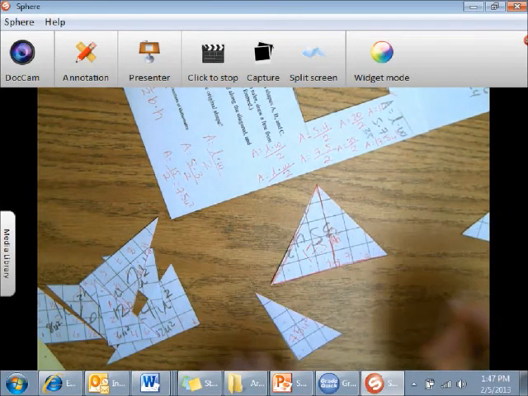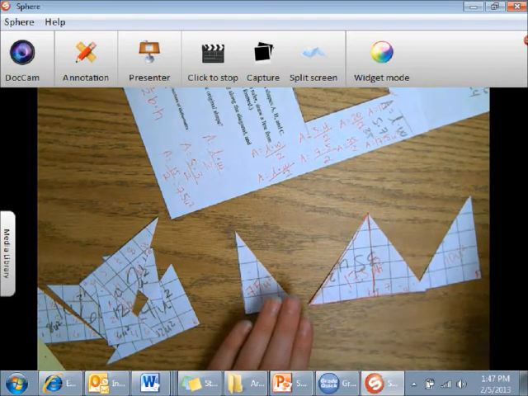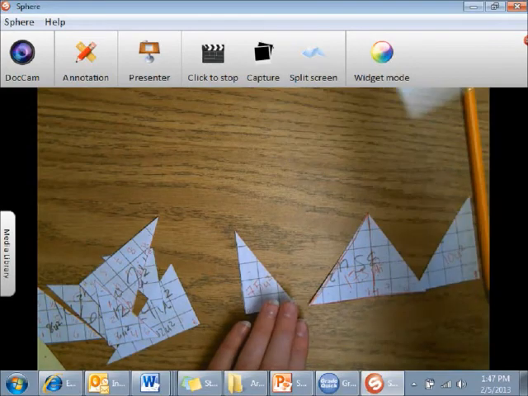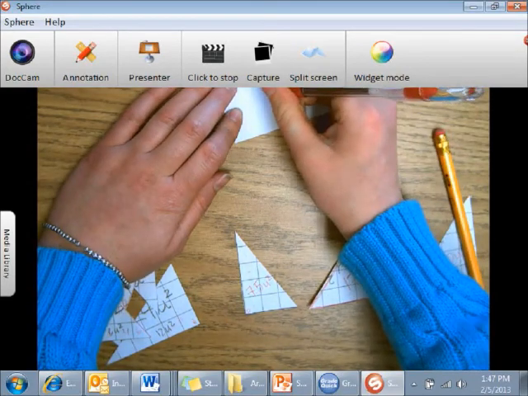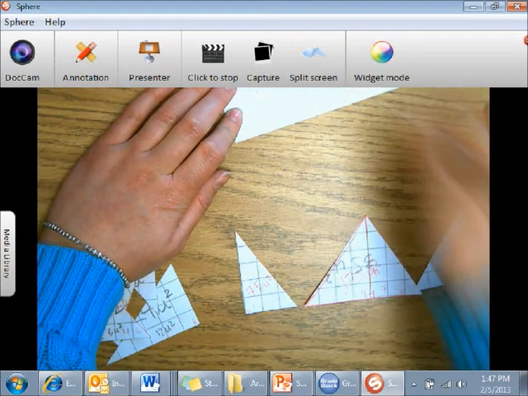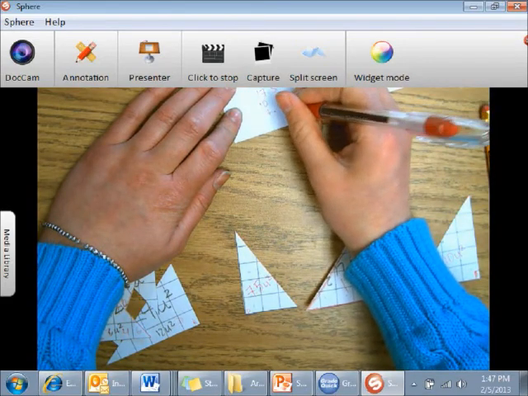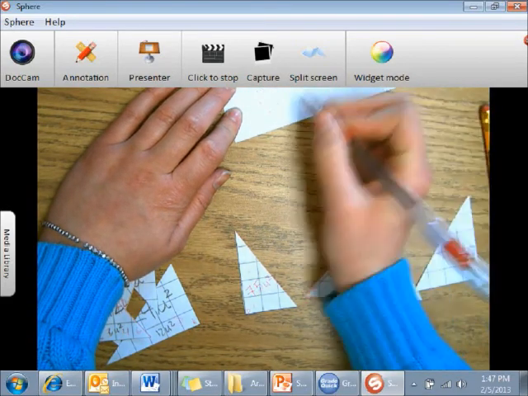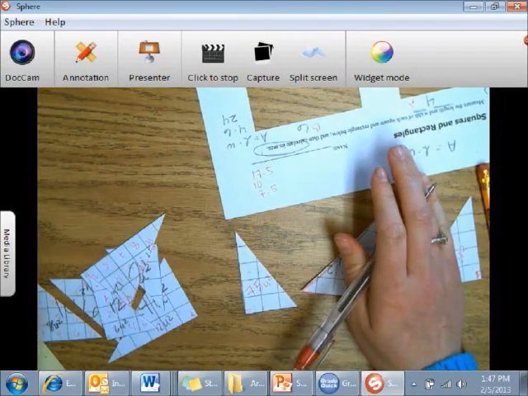And let's see if that works, okay? For these three triangles, we've gotten that one of them is 17.5 units squared, another one's 10 units squared, and another one is 7.5 units squared. Ooh, sorry, you can't see my writing. Let me zoom in to my math.